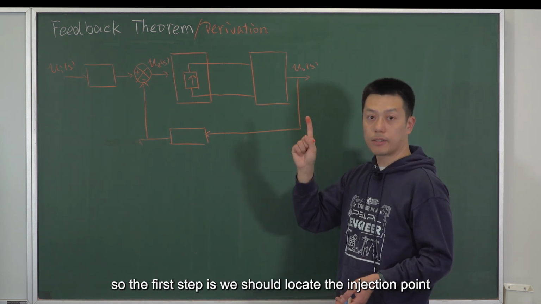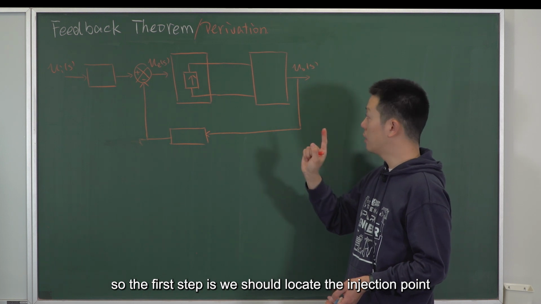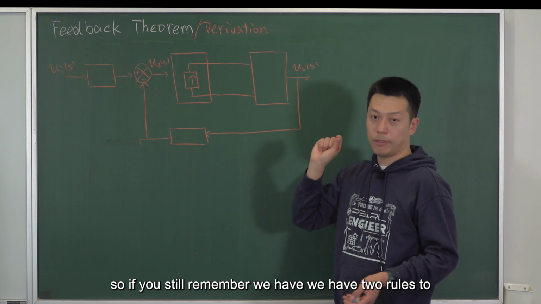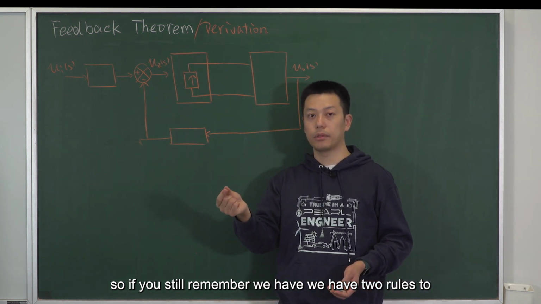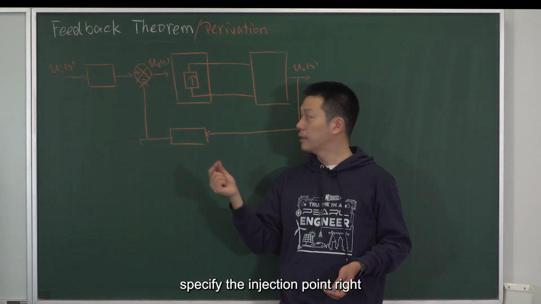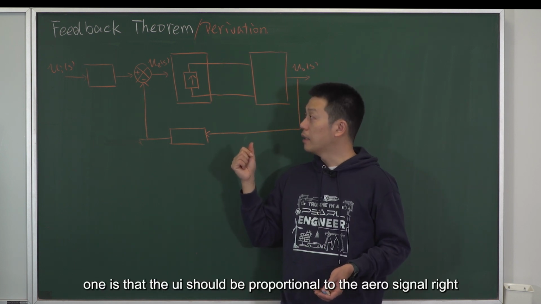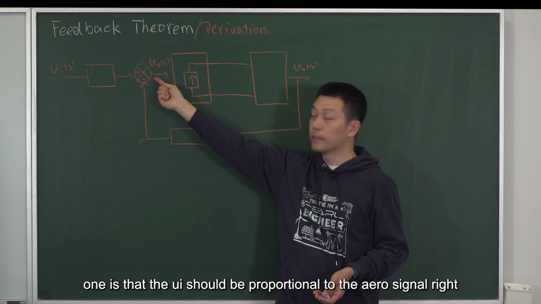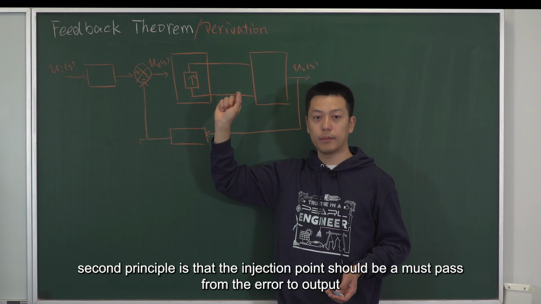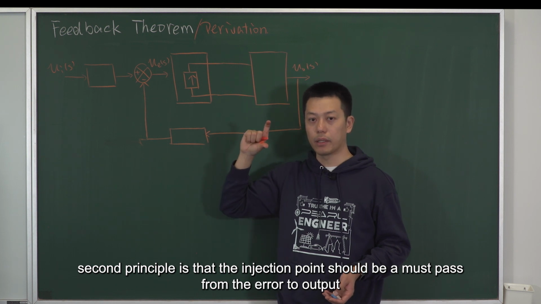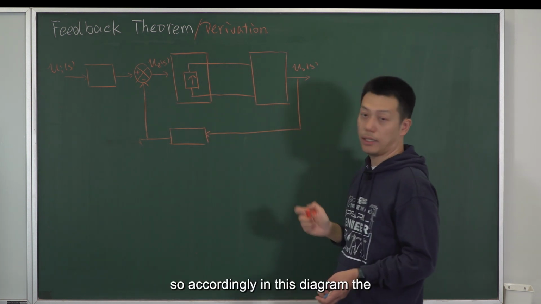So the first step is we should locate the injection point. If you still remember, we have two rules to specify the injection point. One is that the UI should be proportional to the error signal. The second principle is that the injection point should be a masked pulse from the error to output.